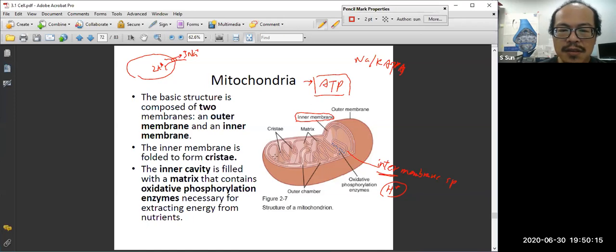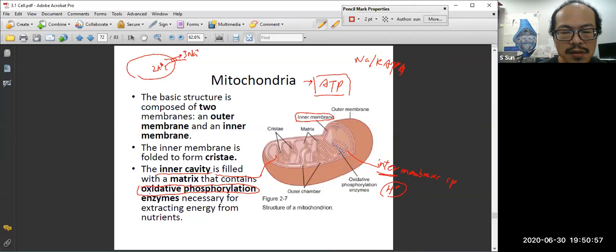So here is the inner cavity. This one contains the matrix. Inner cavity is right here. This also contains a matrix. The matrix contains a group of proteins and enzymes, basically. Here there are a lot of enzyme proteins. These enzymes are for oxidative phosphorylation.